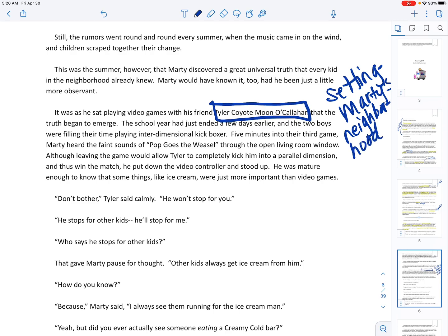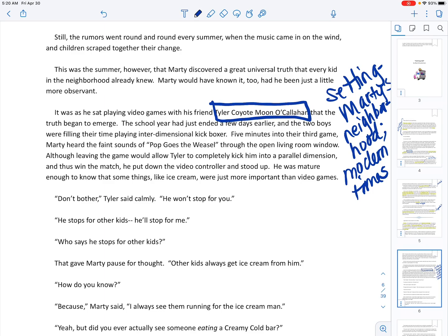Neighborhood should be one word, but I've run out of space. And then time frame sounds like modern times. It sounds like it could happen right now, right? Although with this packet, I think you guys have learned to expect a twist.